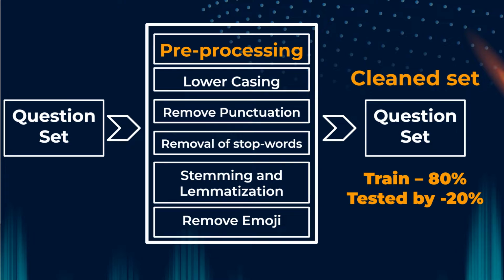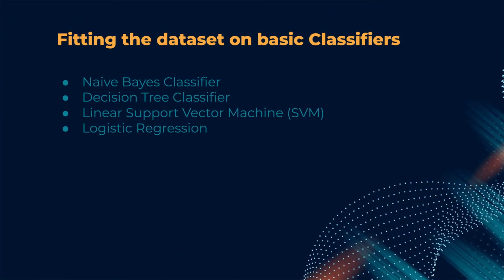For training, we took 80% of the data, and the training data will help to train the classifier models on the basis of which pattern falls into which tag, and the remaining 20% of the data will be used for testing the accuracy of the trained classifier model. After all the preprocessing, we must evaluate how efficient and balanced our dataset is.